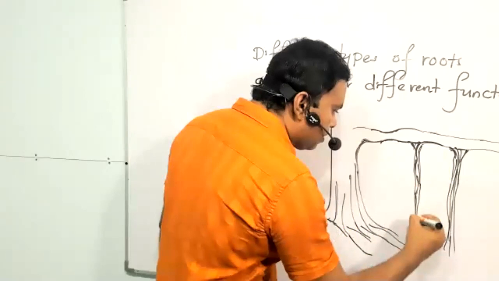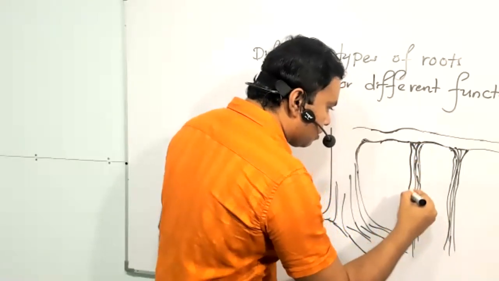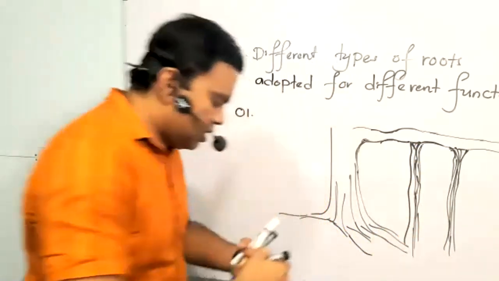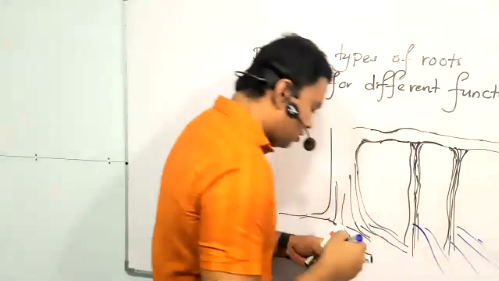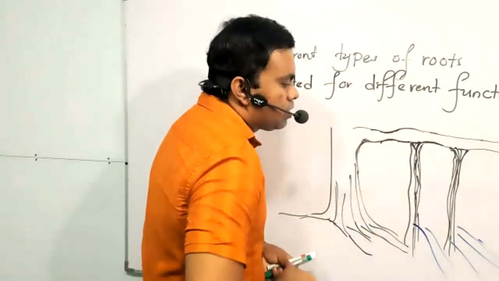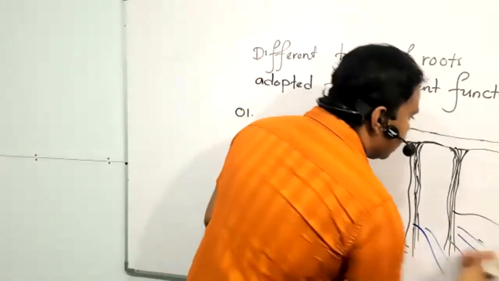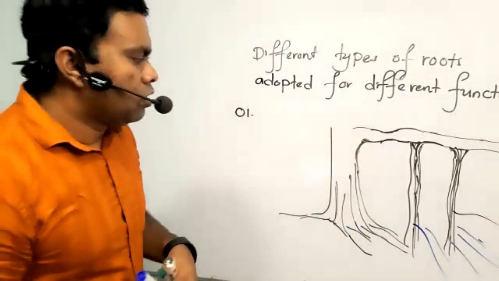Finally, what happens to these roots? Imagine there's a river here. This is the other land area. These plants live thousands of years.